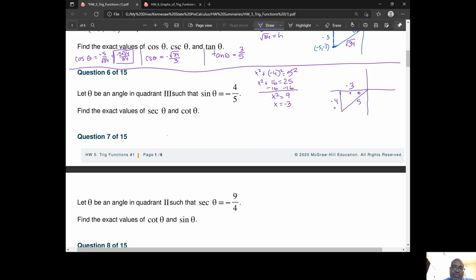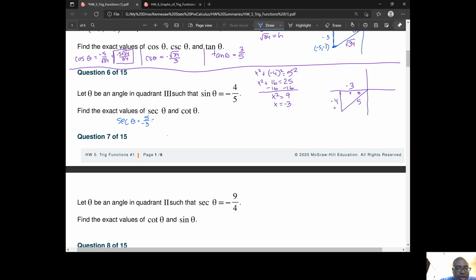So now we solve. Secant of theta: cosine is adjacent over hypotenuse, so secant is hypotenuse over adjacent, which is 5 over negative 3. Secant theta is equal to 5 over negative 3.